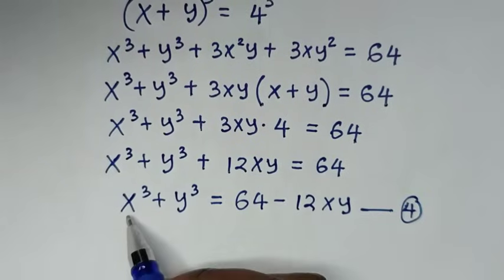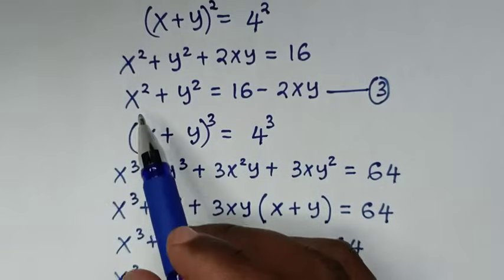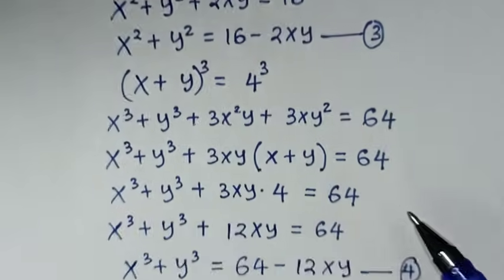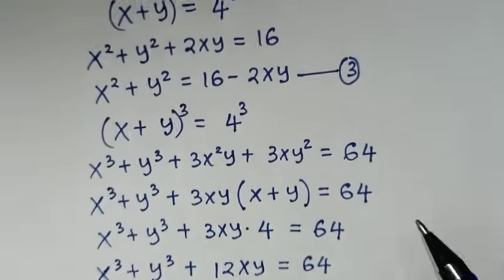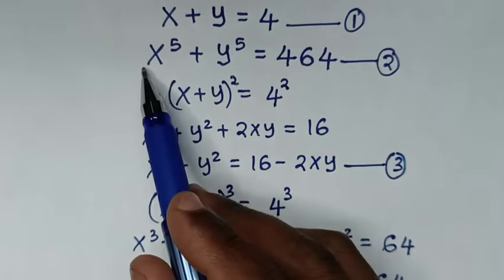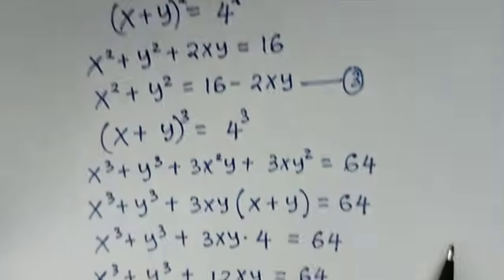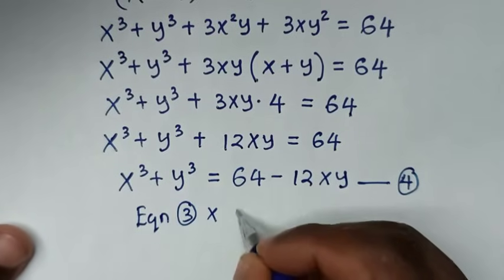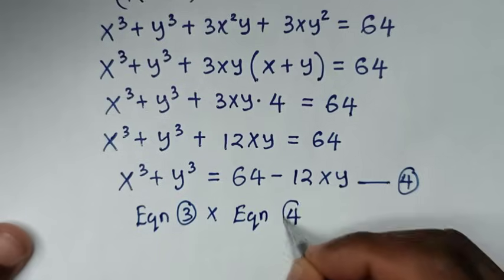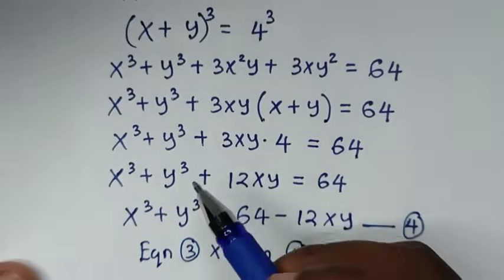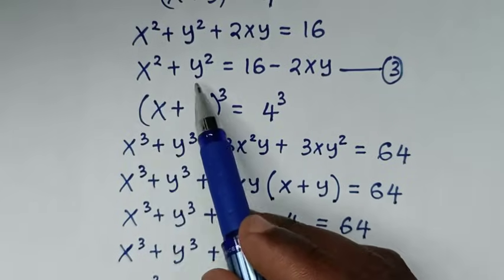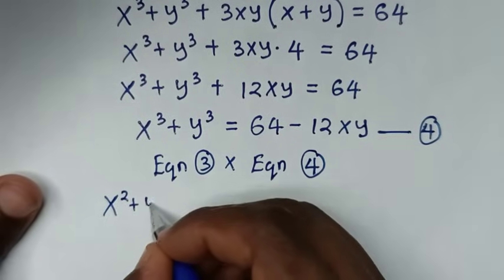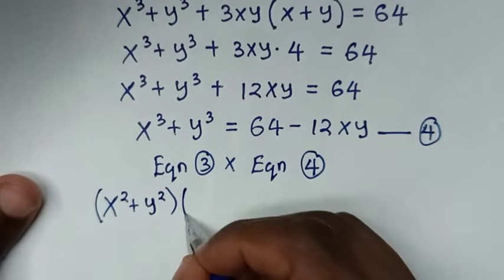Now, from this x^3 + y^3 and x^2 + y^2, we multiply equation 3 times equation 4, so that we can get x^5 + y^5. So we'll take equation 3 times equation 4. Now in equation 3, the left side is x^2 + y^2, so it will be (x^2 + y^2).